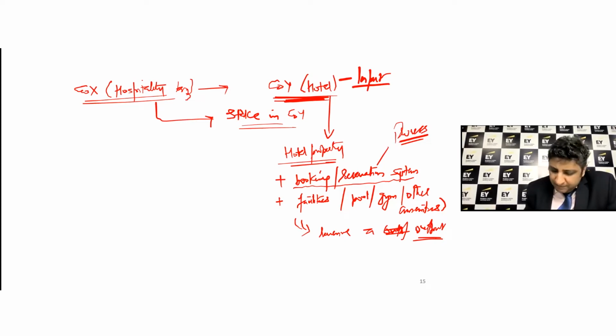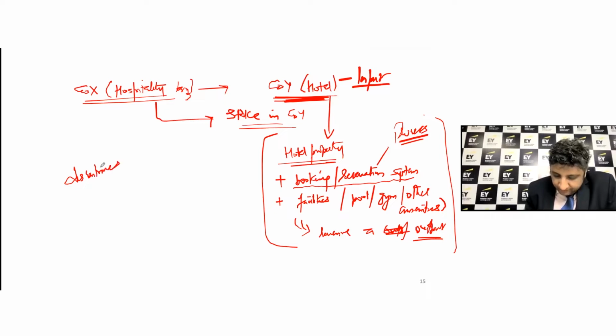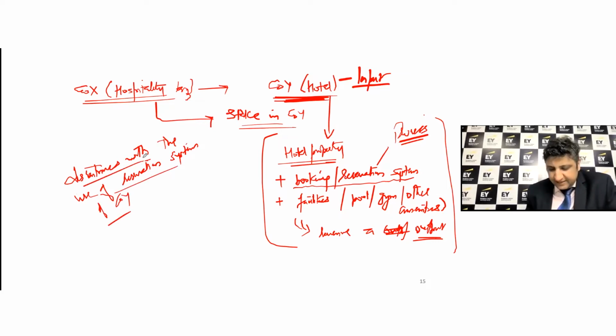But then what company X does is acquire that setup of company Y and discontinue the use of the reservation system of company Y, for the simple reason that company X, the acquirer, integrates the entire booking with its own networking, with its own booking system, for example.